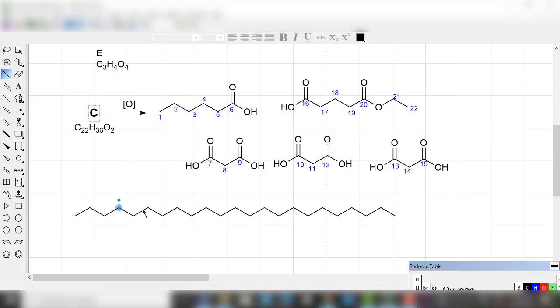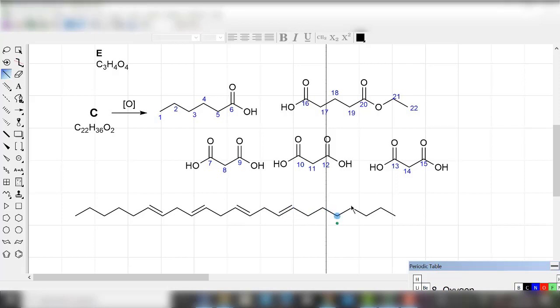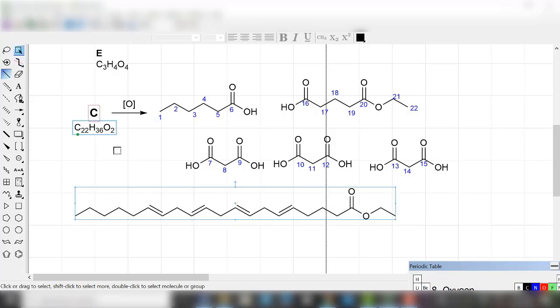So it's 2, 4, 6. So this is the original one. 7, 8, 9, 10, 11, 12, 13, 14, 15, and then so this is 16, and then 17, 18, 19, 20, 21, 22. Okay, this 21, this 20. Okay. So I hope from here you can see how everything falls in nicely.